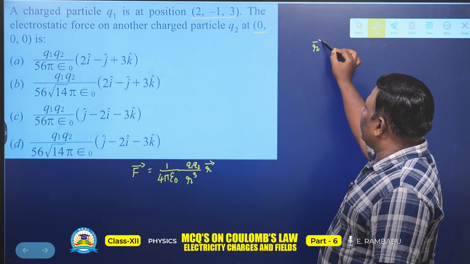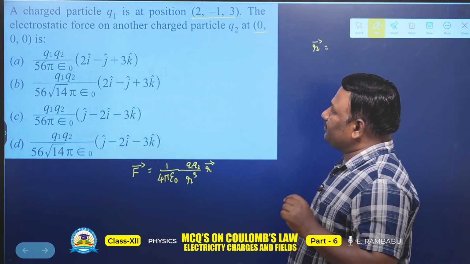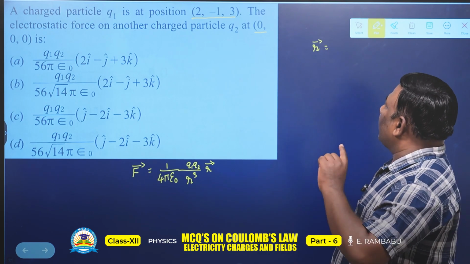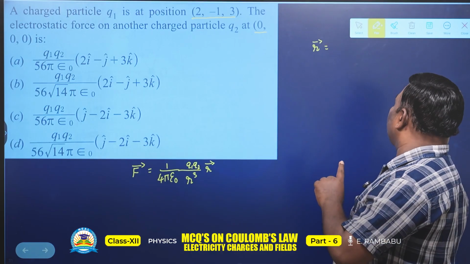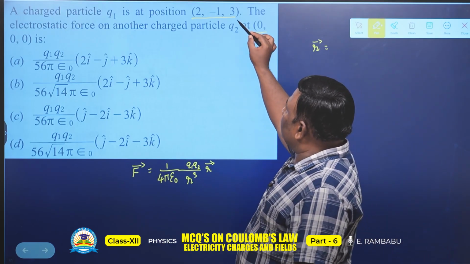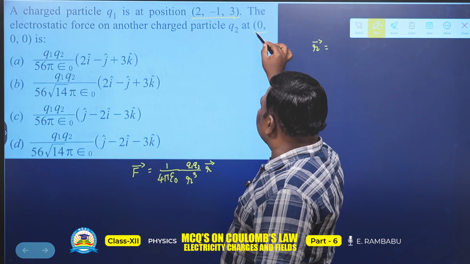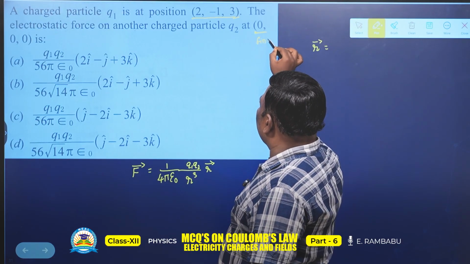R bar can be taken as the separation between them. Here force is acting on Q2 due to Q1. So this can be taken as the initial point, and where the force is acting can be taken as the final point.